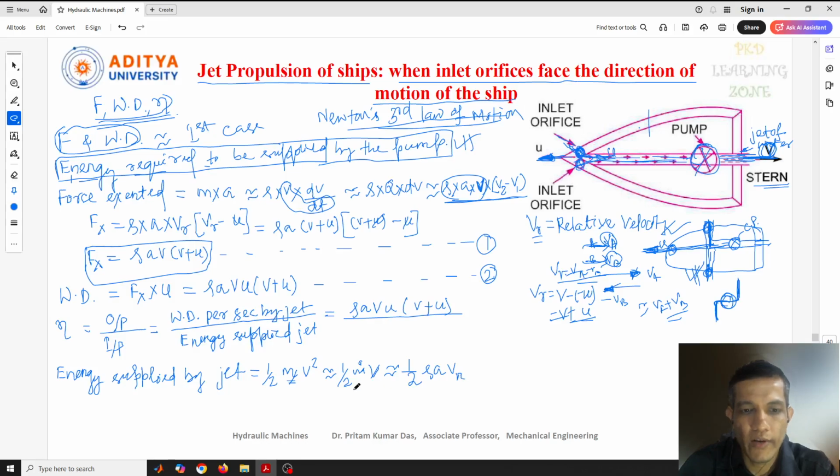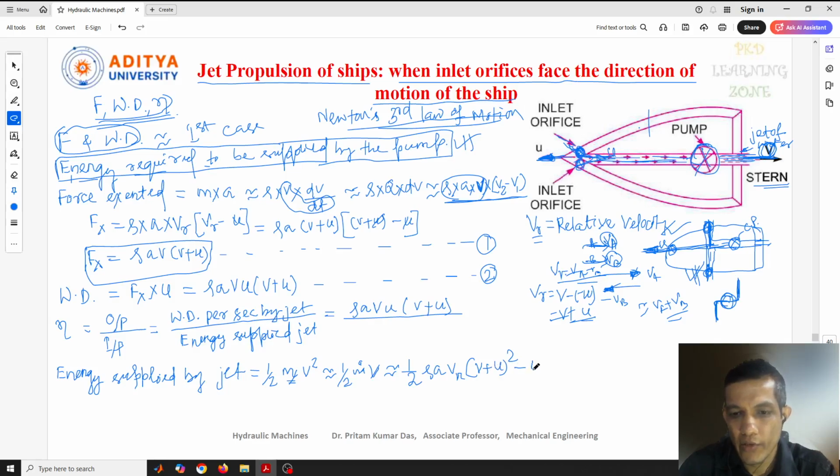And what about this velocity? This is the change in velocity actually. So here we can write v plus u square, because this is the relative velocity we need to consider. That is v plus u square in place of vr.